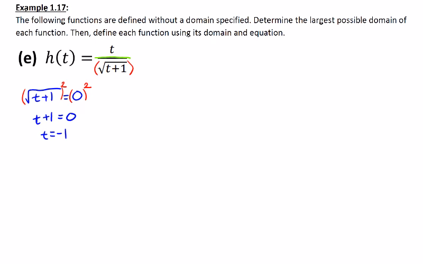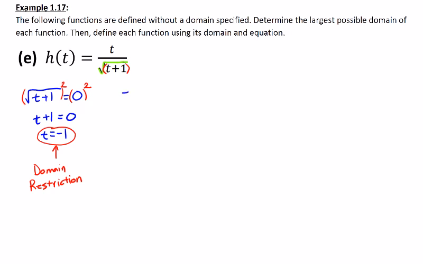Remember, when you are doing your division analysis, this represents a restriction. This is not a value that we want to include in the domain. It is a domain restriction. Now let's go over to the square root. For your square root, you're taking the square root of t plus 1.